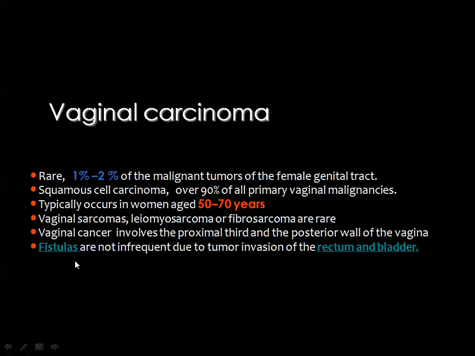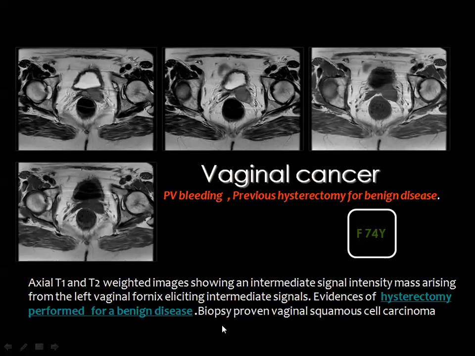Then these lesions, the carcinomas, usually invade the surrounding structures, especially the rectum and the bladder, producing fistula tracts. And this is a case of vaginal carcinoma developed after previous hysterectomy for a benign disease.